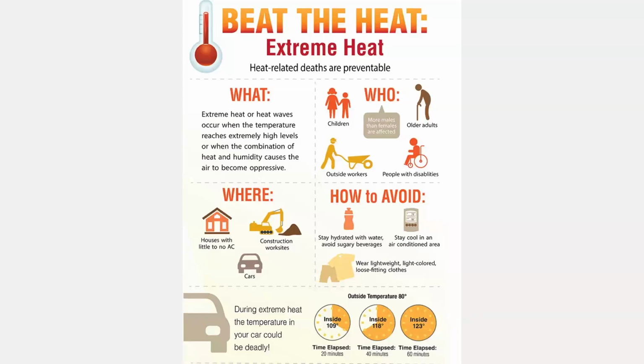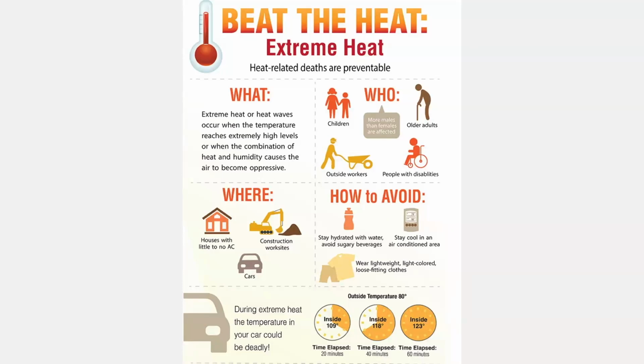The areas that can be more vulnerable are homes or apartments without air conditioning, any work site that would be outdoors, as well as cars. The interesting thing about cars is that if you leave a car outside, let's say it's 80 degrees, once it's outside for 20 minutes, the inside temperature is going to be 109 degrees Fahrenheit, and after an hour, it can go up to 123.